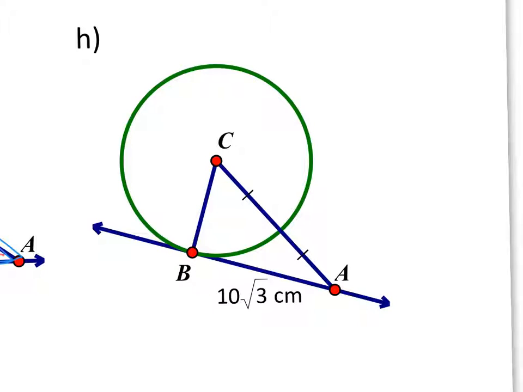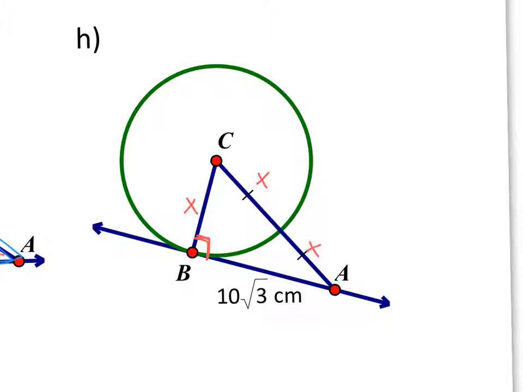In this problem, again, we're looking for the radius CB right here. So what I notice is that's the same as that radius here, which is the same as that radius there. Filling in my right angle right there.